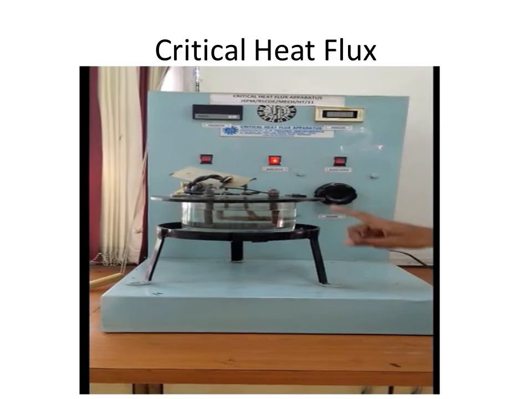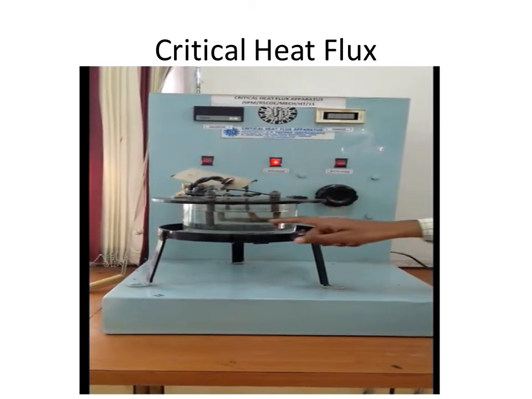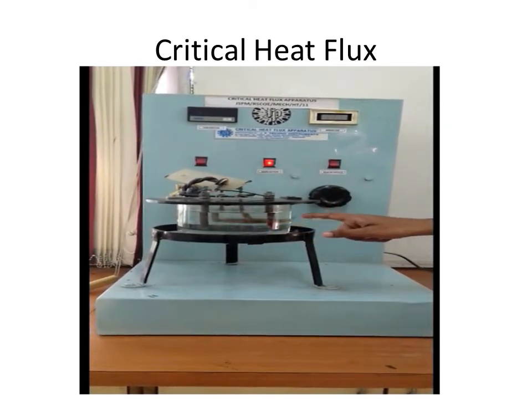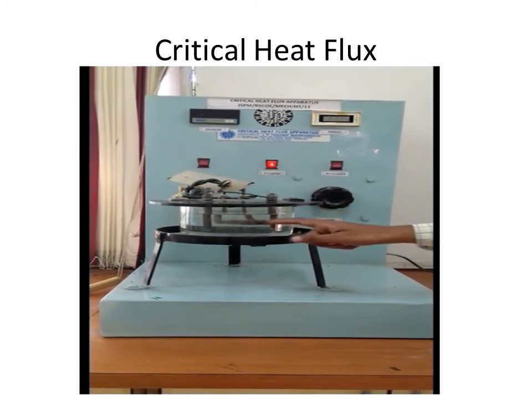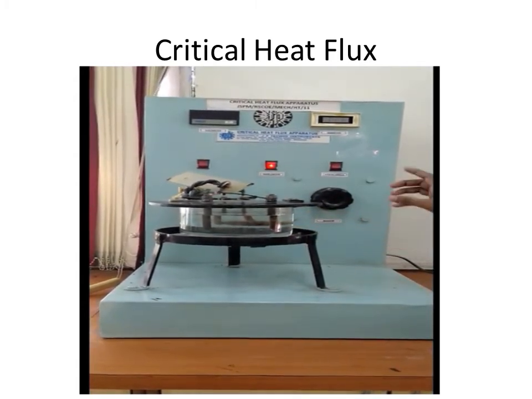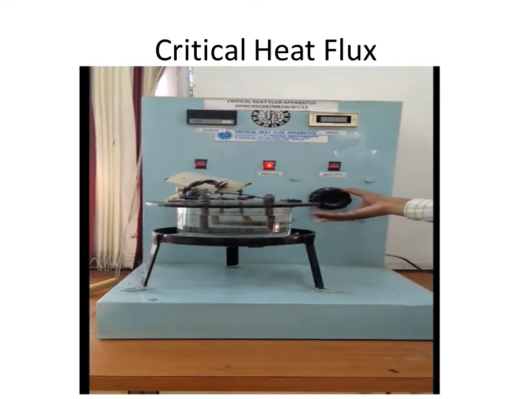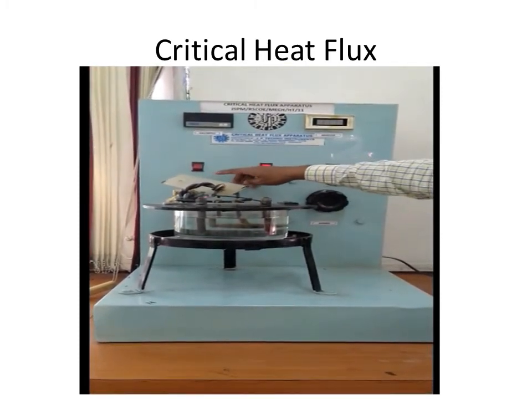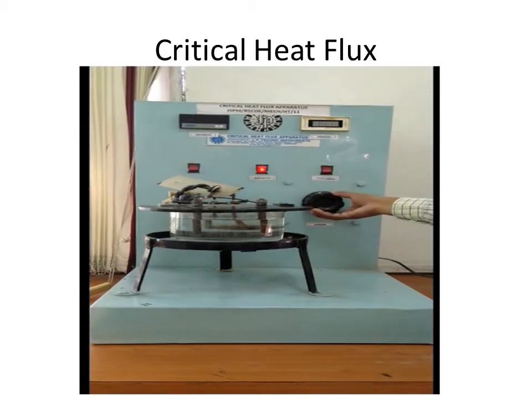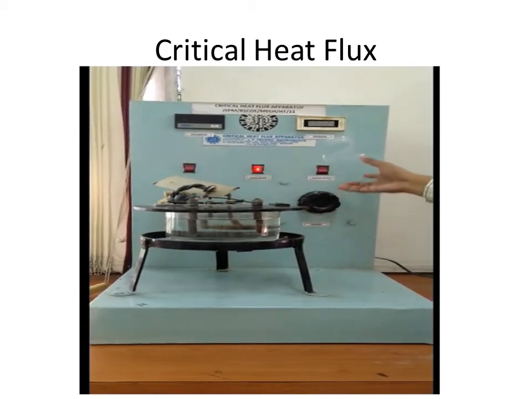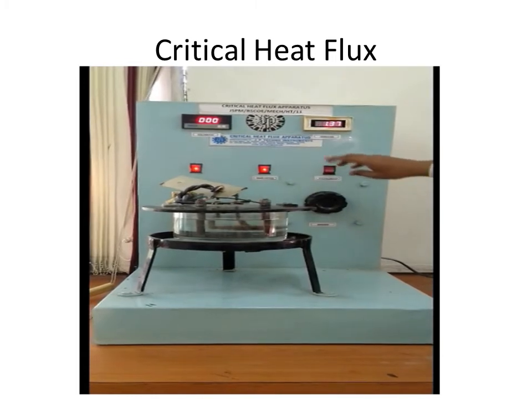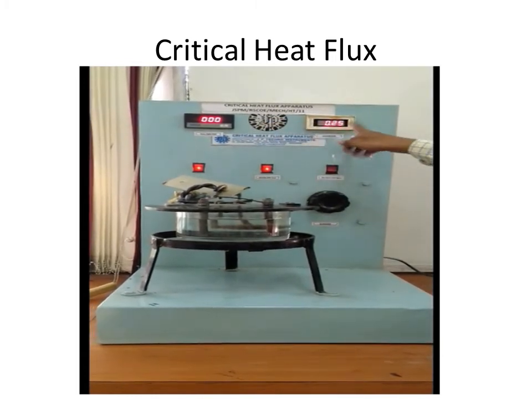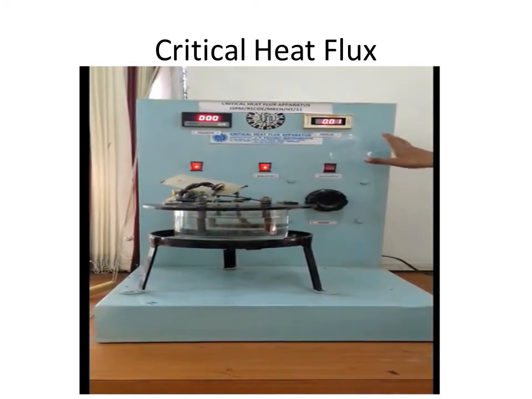Students, now you have to see the various observations made in the experiment. You have to see the pool boiling curve while I am doing the experiment. So now I will switch on this main switch. Please make sure that your voltage and current are in zero position. Let me just switch this on. Now you can see the voltage and current are at zero.